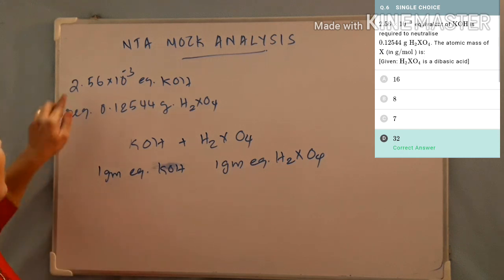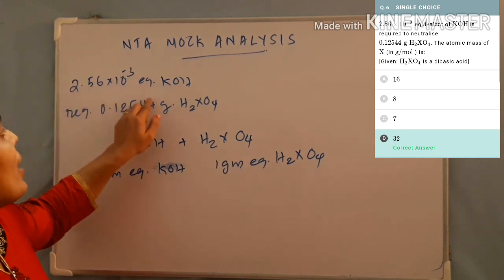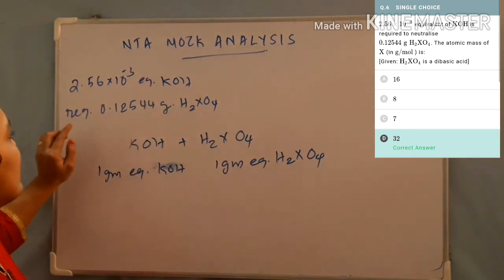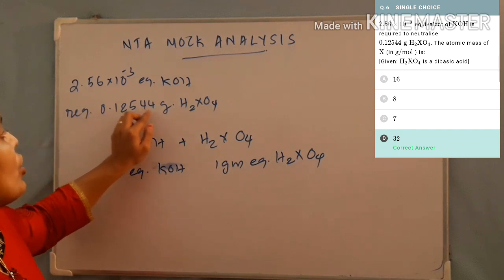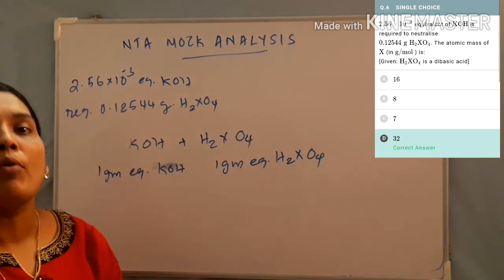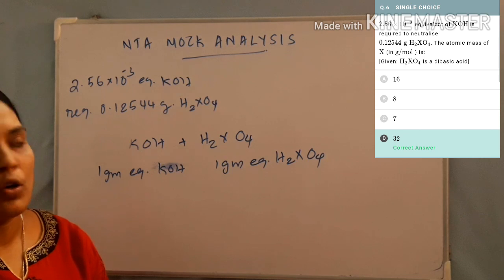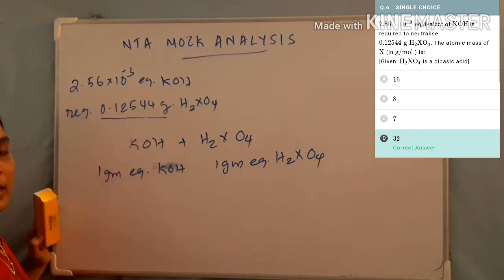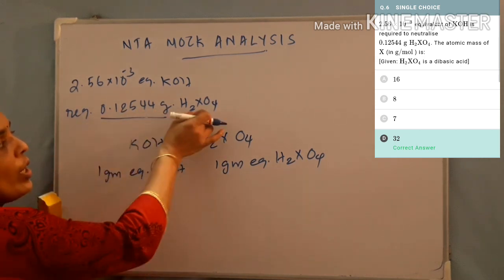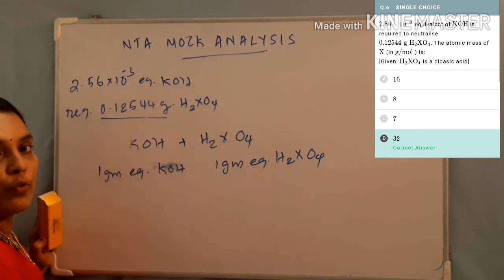Then what is given? 2.56 into 10 raised to minus 3 equivalent of KOH requires 0.12544 gram of H2XO4. First of all, we have to find the number of gram equivalents of H2XO4.